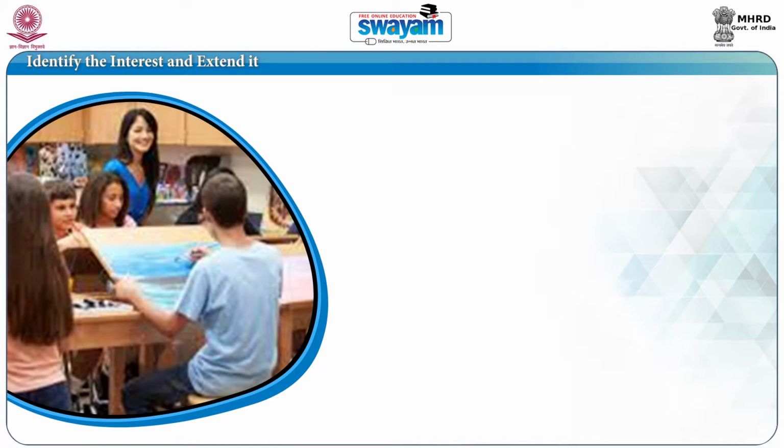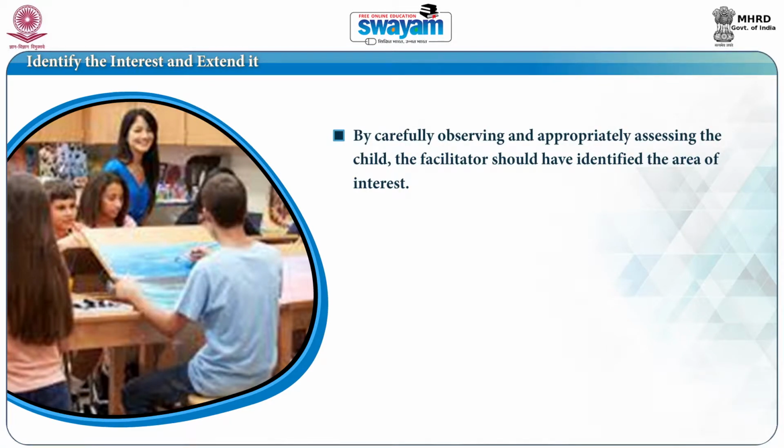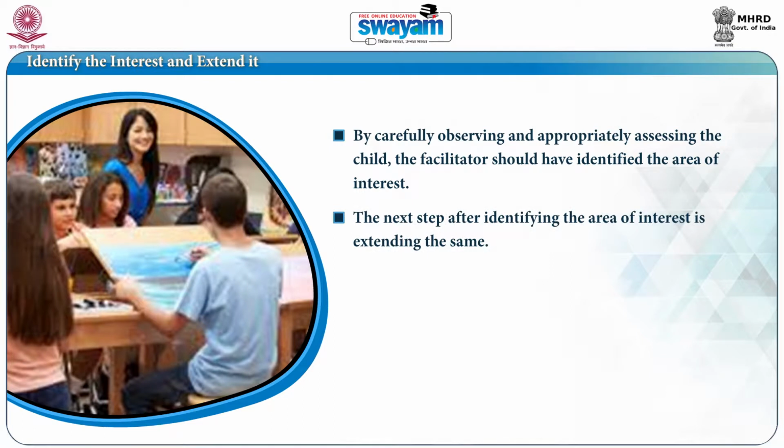And after that, it is to identify the interest of the child and extend the same. By careful observation and appropriately assessing the child, the facilitator should have identified the area of interest. The next step after identifying the area of interest is extending the same.